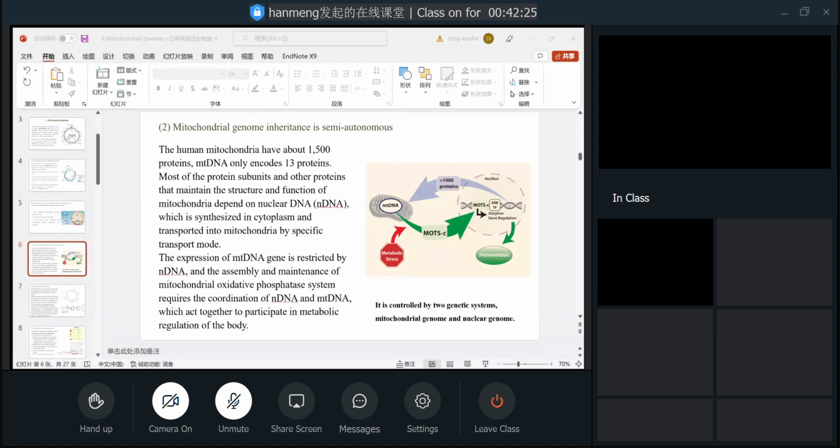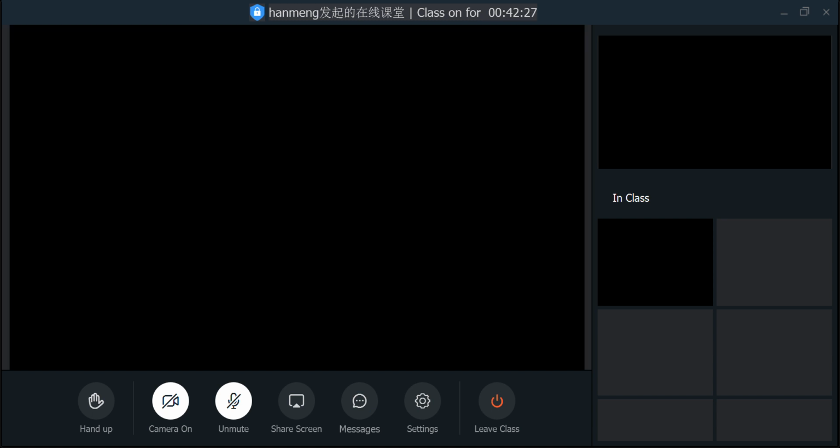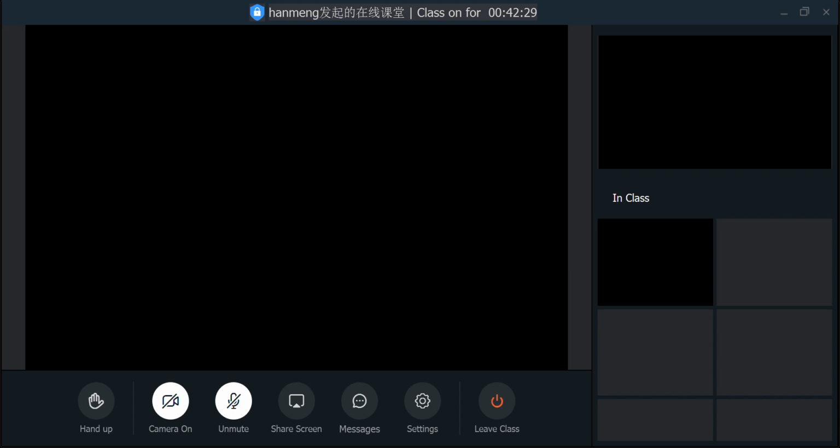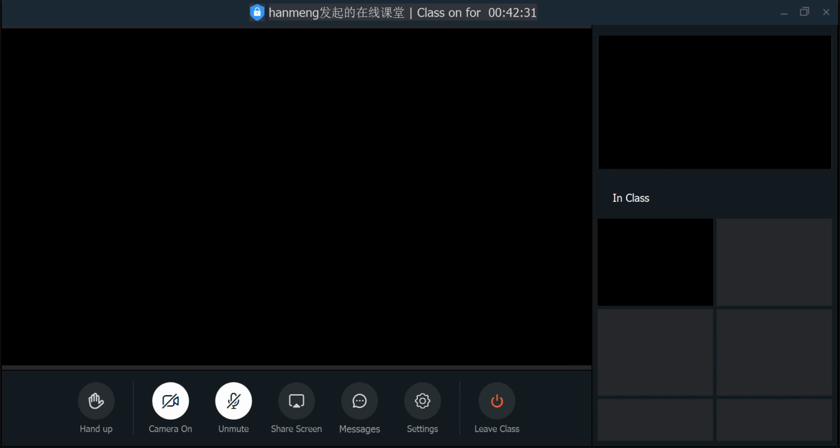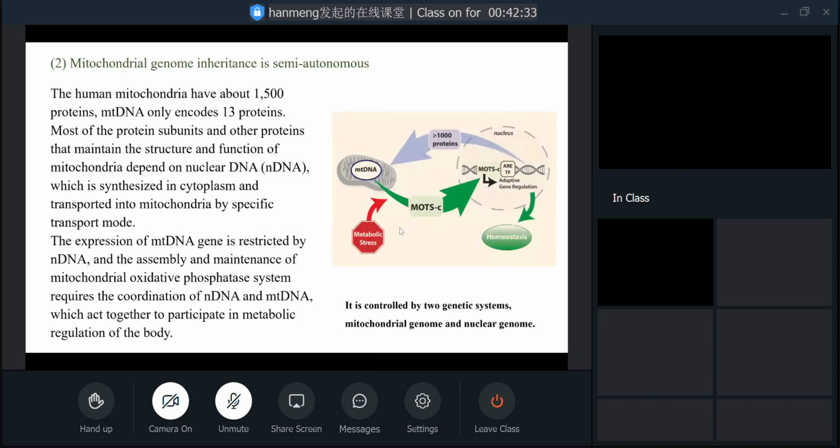Okay, let's continue. Here we can see the human mitochondria has about 1,500 proteins, but the mitochondrial DNA only encodes 13 proteins.